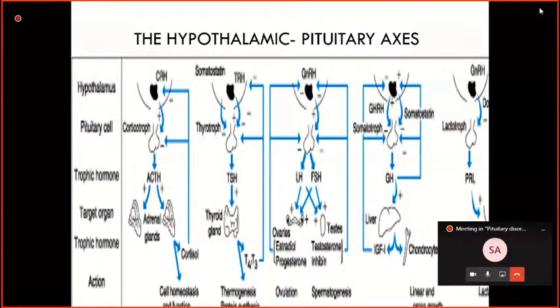You should know what the hormones in the hypothalamus are, the relevant hormones in the pituitary, and the hormones in the target organs, and how it is regulated. This is physiology.